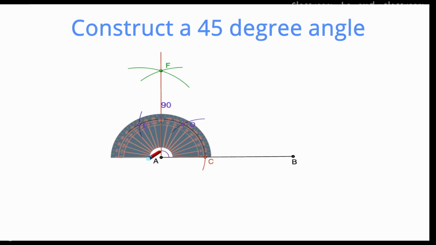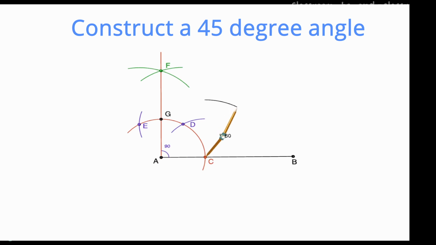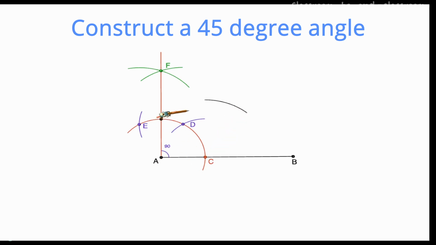Now what if we have to construct a 45 degree angle with the help of a ruler and compass only? Then definitely we will divide the 90 degree angle, and that way we can get a 45 degree angle. So we'll again bisect the angle BAF as explained earlier, and that way we'll get two angles, 45 degrees and 45 degrees.